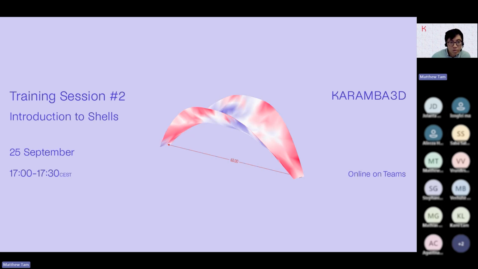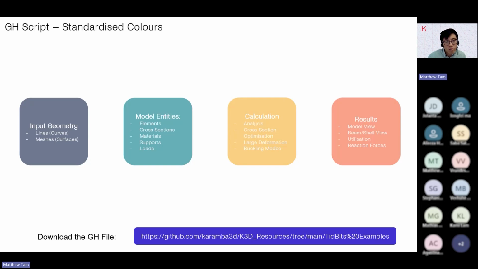So today we're going to be looking into shells, as I mentioned. I touched on this last week, but we always have our Grasshopper scripts organized on our example page with the following color grouping: the input geometry in dark gray, dark blue, the model entities, which are the basic Karamba elements, cross sections, materials, supports, and loads in green.